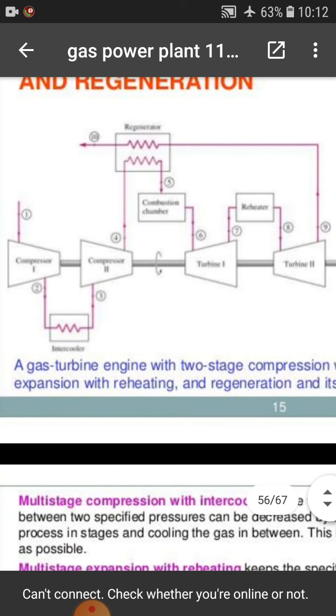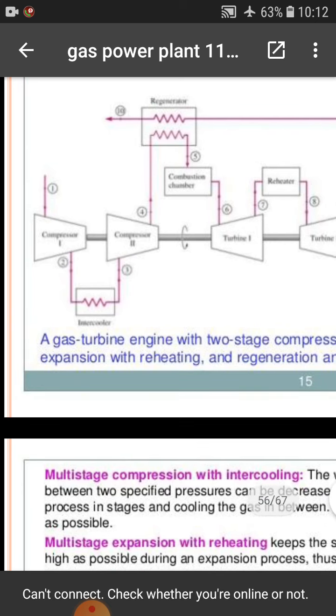Here, air comes from the atmosphere to the compressor. Between the first and second compressor, an intercooler is connected. After that, air goes to the combustion chamber through the regenerator.